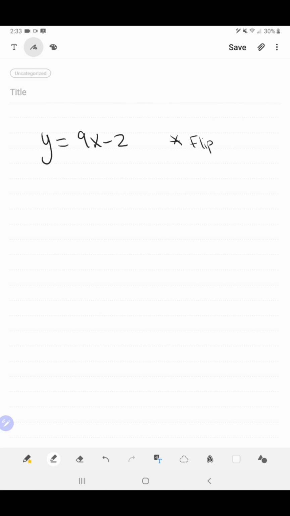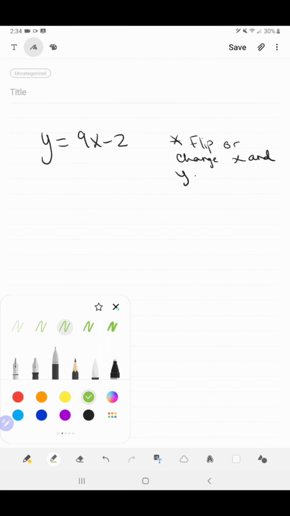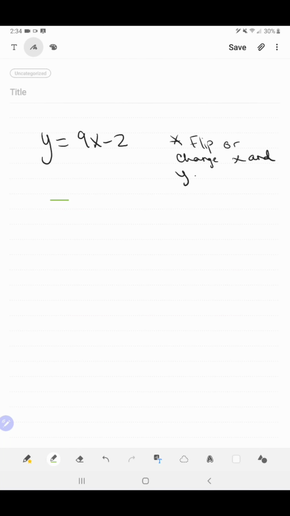Flip or change X and Y. So your new equation is now X equals 9Y minus 2.